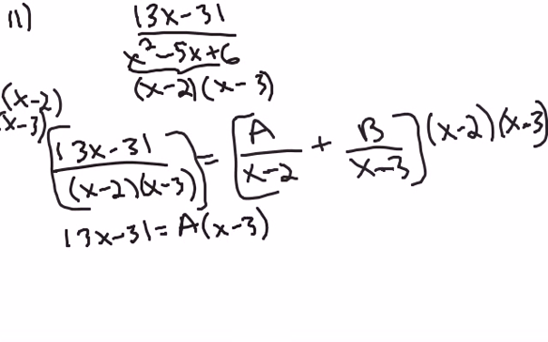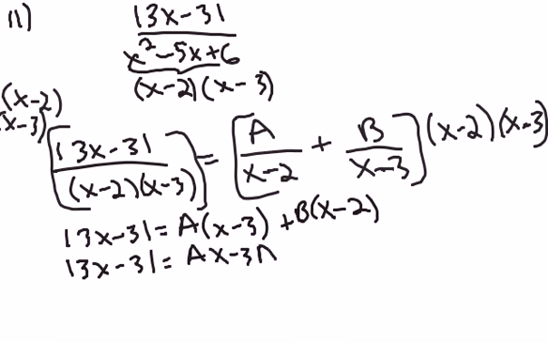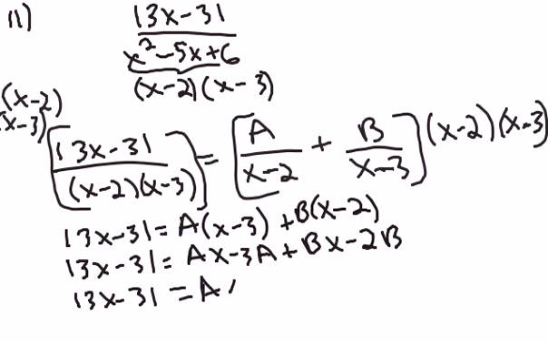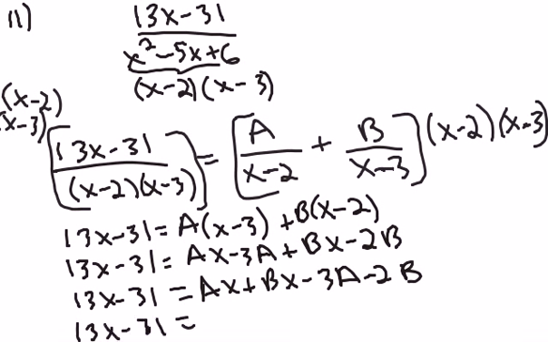The next one, the x minus 3's cancel, so I'm left with b times x minus 2. And we're just going to do some algebra here. Rearrange everything, distribute the a. Remember, a and b are constants. Okay. Rearrange it so I can compare coefficients. Factor out the x.